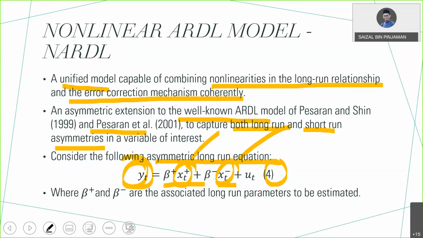And when we try to study the long run relationship of these asymmetric independent variables, we are going to look into the coefficient values. So here, the beta in positive notation and beta in negative notation are associated long-run parameters that we need to estimate in the model.